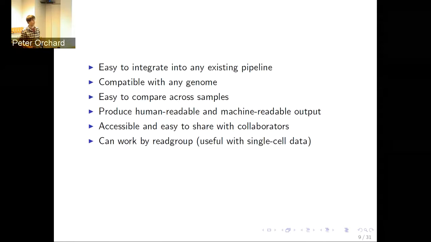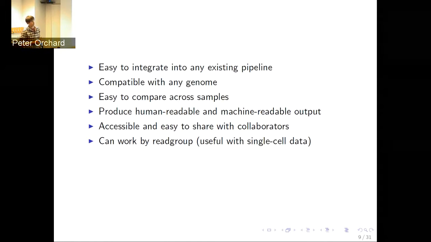So kind of avoiding that one report per sample, because if you've got 150 samples, that becomes kind of a pain. You'd like something that's human readable, but also machine readable, because you'll often be loading files into downstream analyses. Otherwise, you just like it to be kind of accessible and easy for experimental folks to look at as well.